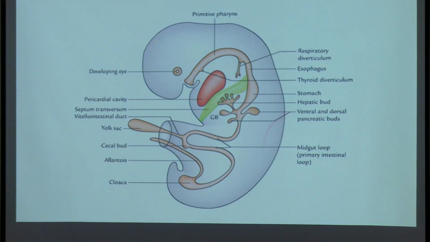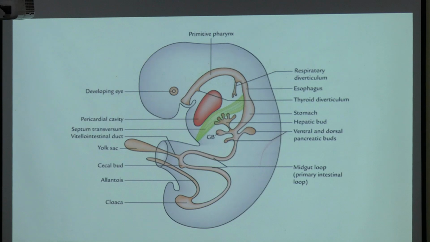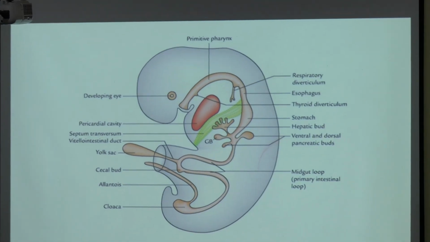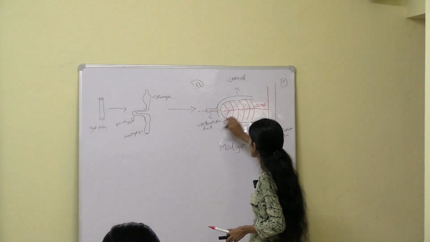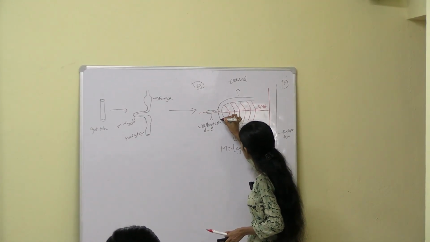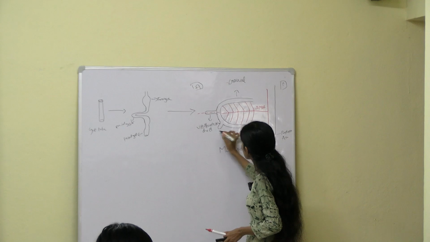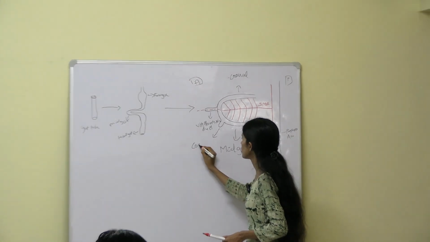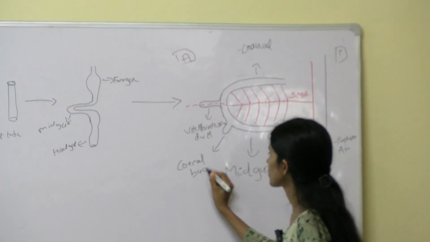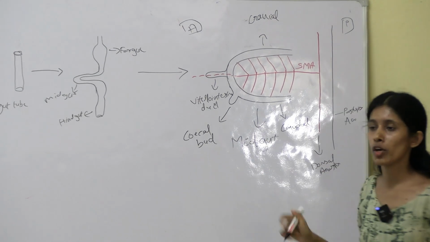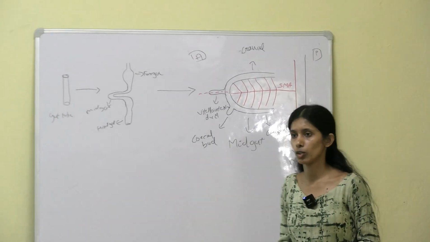On the posterior aspect, we have the dorsal aorta followed by the posterior abdominal wall. In the anterior aspect, we have the vitellointestinal duct. We will see one more important structure in the caudal part. What is that? Cecal bud, which is present on the caudal part of your midgut loop.